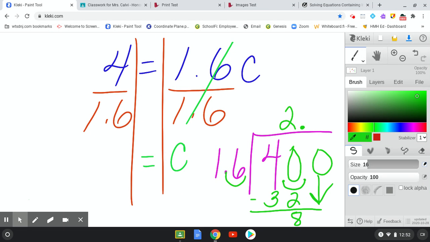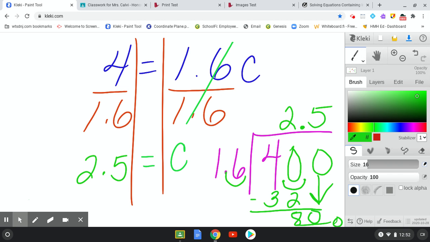Okay, so now I'm looking at 16 going into 80. Well, 16 times 5 gives me 80 exactly, and I would subtract 80 and end up with 0. I just can't fit it in. So my final answer is c is equal to 2.5.